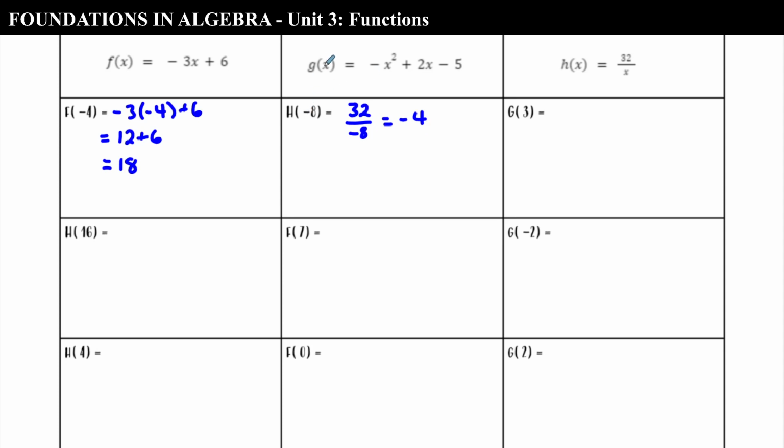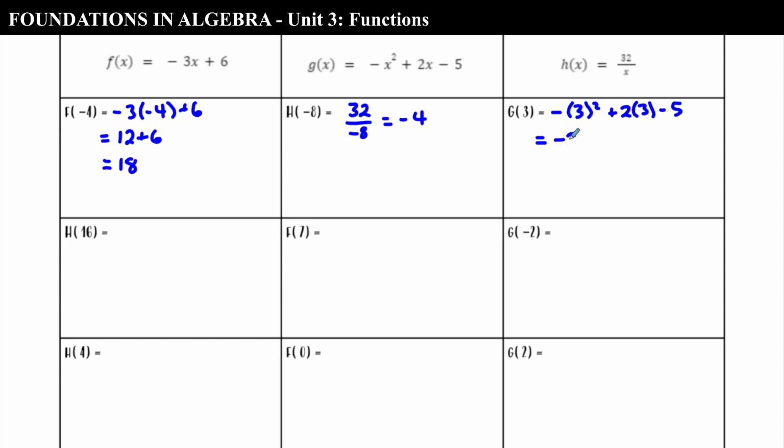G of 3, so that would be our middle function here. We've got negative 3 squared plus 2 times 3 minus 5. Now, be careful here because the negative sign is outside of this 3 here, okay? So we're only squaring the 3, not the negative.